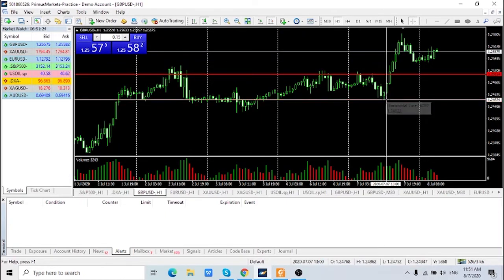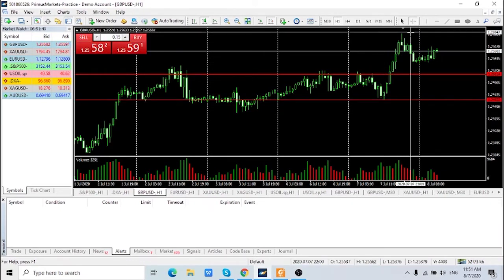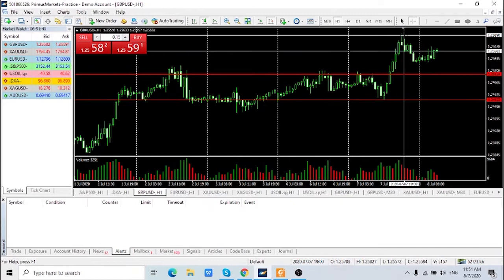During the UK trading session, the UK pound moves up from 1.2462 all the way to a high of 1.2592. Okay, so during the UK session, the UK pound strengthened about 130 pips, and towards the late US trading sessions, it retraced back down another 50 pips.